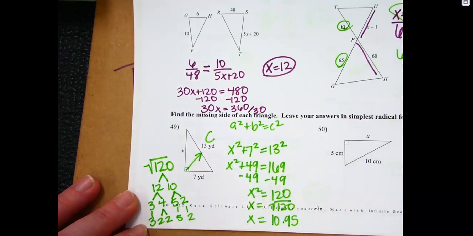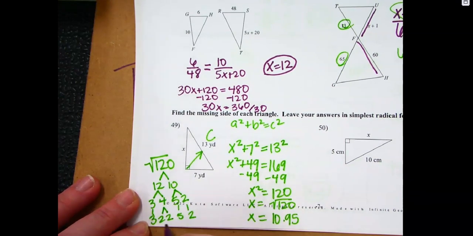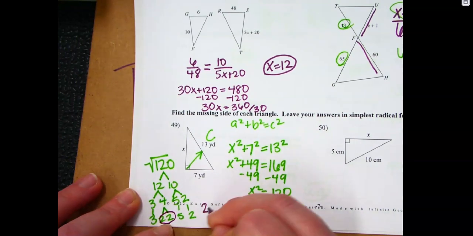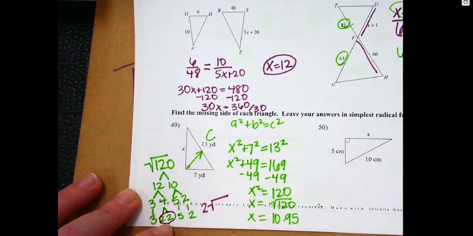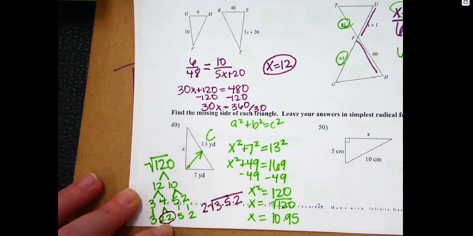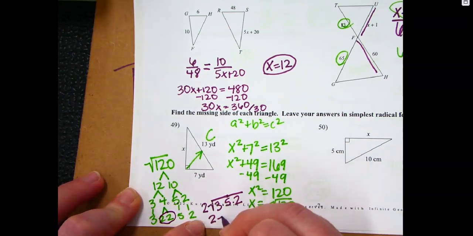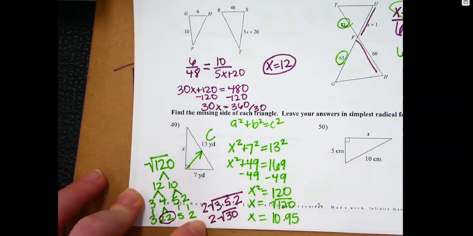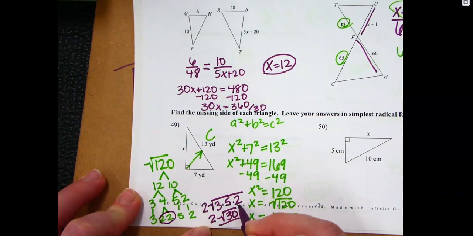Remember that you're looking for a perfect group of 2, which would be these 2's. So that 2 gets to go on the outside, whereas everything else has to stay on the inside. 3, 5, 2. So 3 times 5 is 15, times 2 is 30. So 2 square roots of 30 is actually the answer that you're going to get in your multiple choice answers.